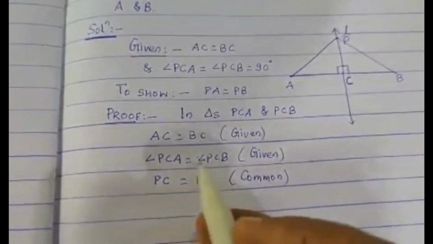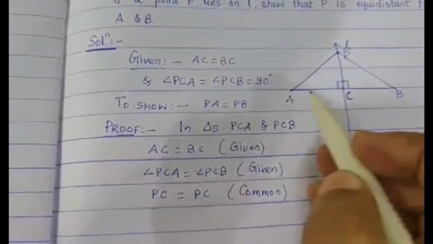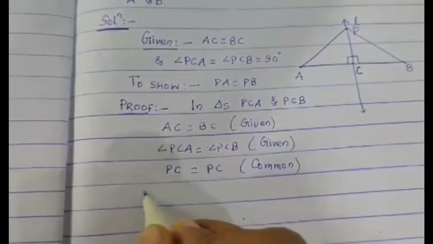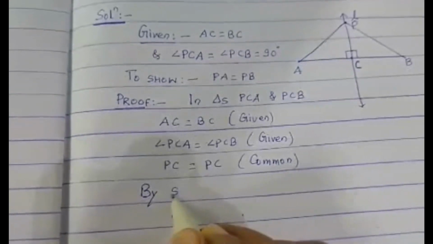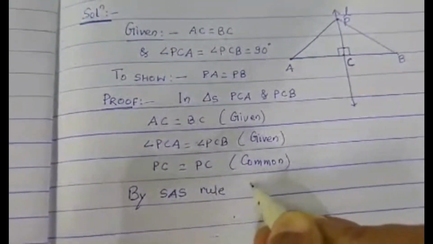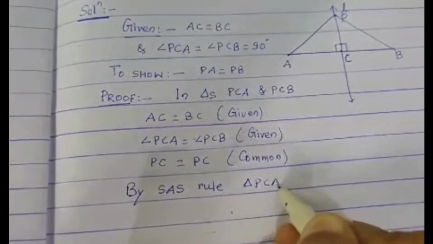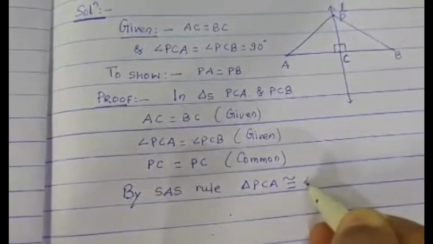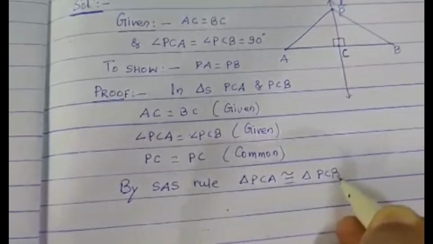So what we see? SAS. By SAS rule, triangle PCA is congruent to triangle PCB.